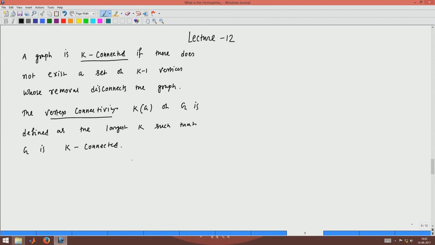Okay, now I will give example to illustrate these definitions. Let me take this example. I will take a bipartite graph. And let me take complete bipartite graph. So, this is K 3 3.